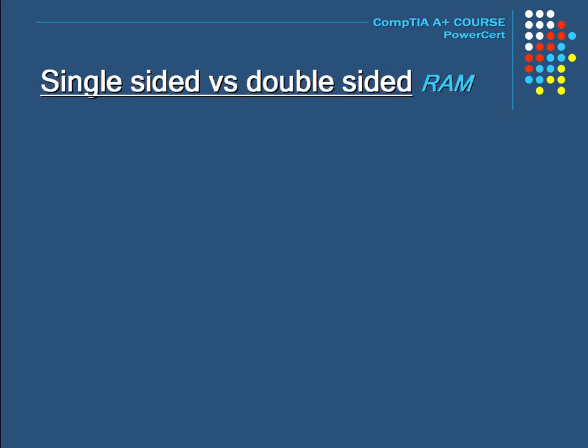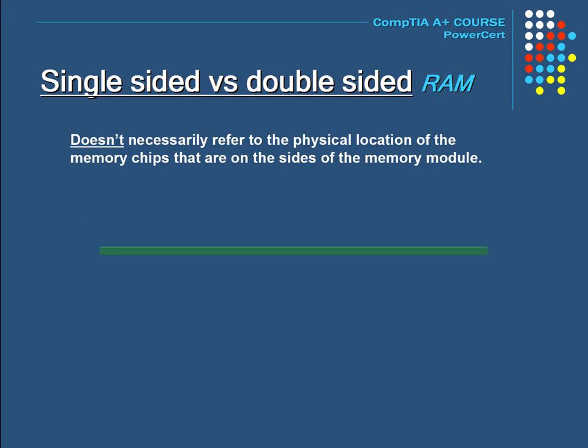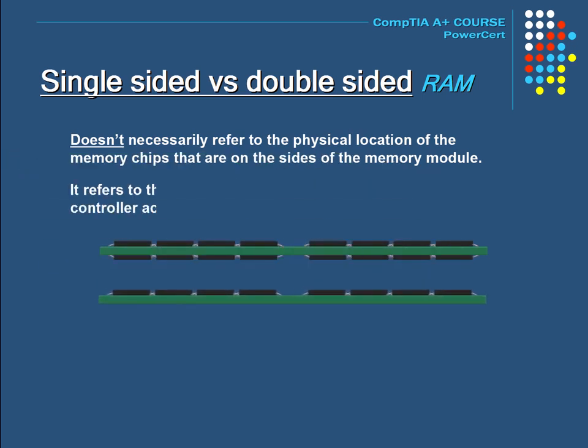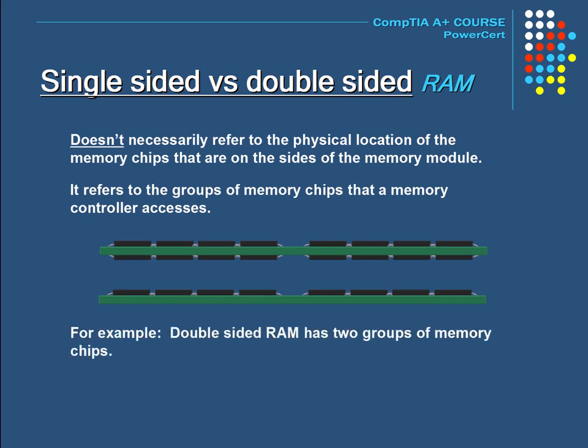Now the term single-sided or double-sided RAM doesn't necessarily refer to the physical location of the memory chips on the sides of the memory module, but it refers to the groups of memory chips that a memory controller accesses. So for example, double-sided RAM has 2 groups of memory chips.